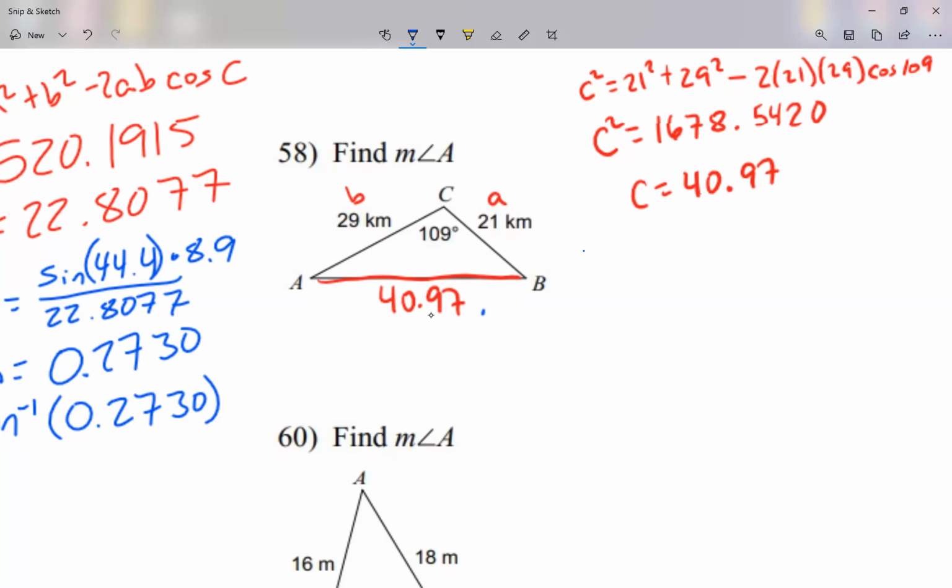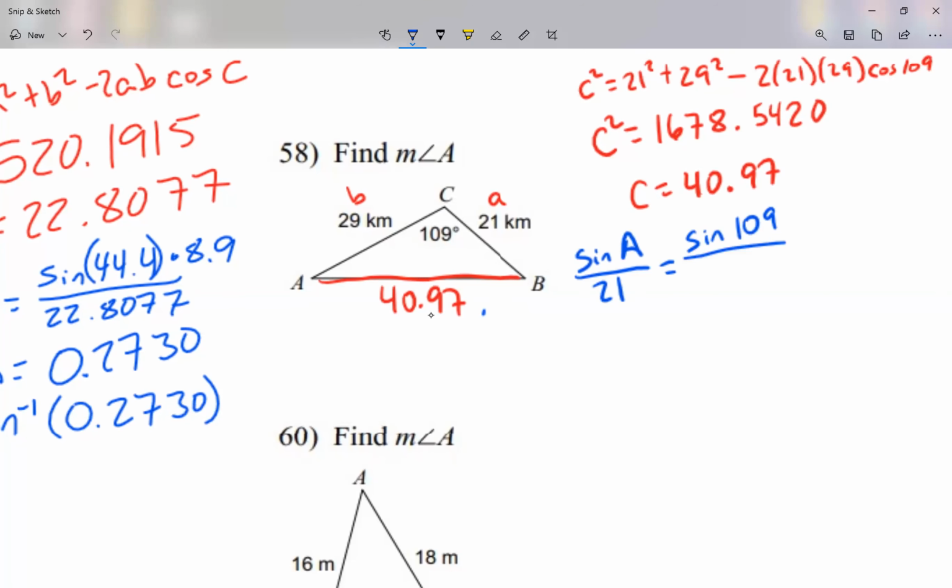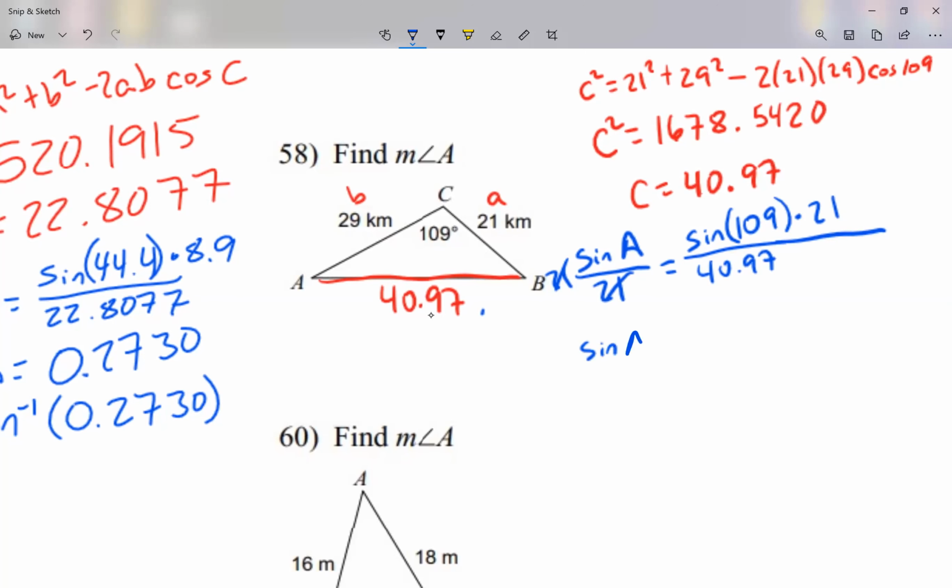I'm going to say sine of angle A over 21, which is side A, equals sine of 109 over 40.97. Let me extend this rule. I have to multiply both sides by 21. Don't forget your parentheses on this sine. So sine of A is going to be sine of 109 times 21 divided by 40.97.